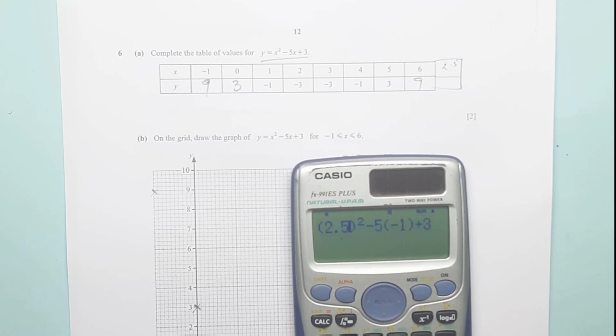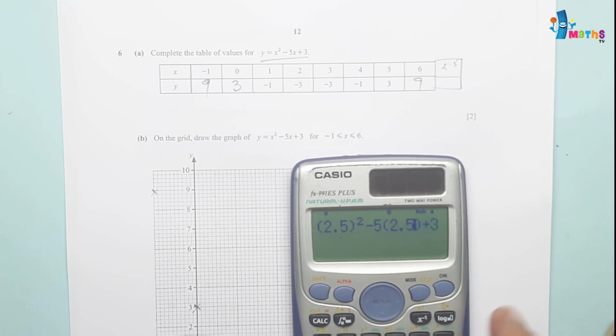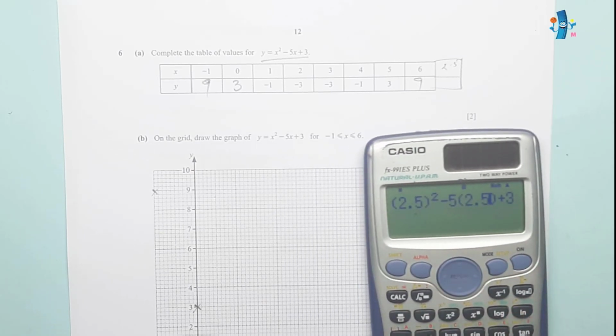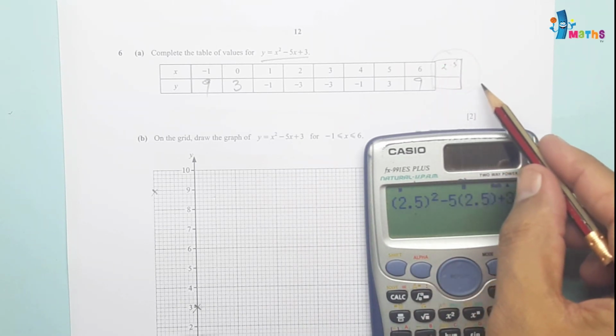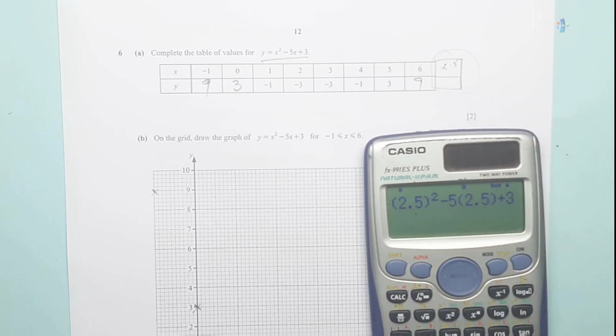This thing which I am doing now is up to you, whether you want to show it in your question paper or not. I have written this for your understanding. It's not compulsory to add a column in this table and write the values.